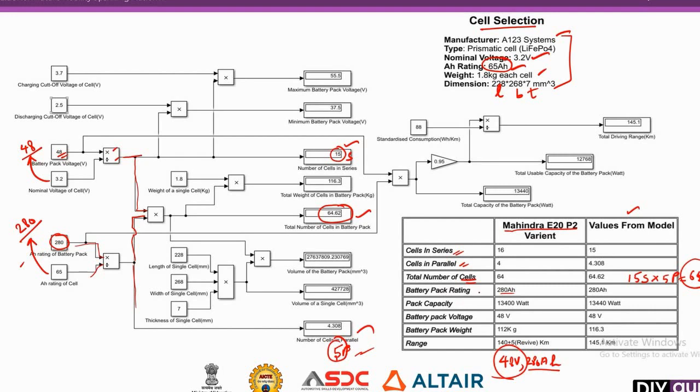Then comes the battery pack rating. The battery pack rating is the current capacity, that is 280 ampere hour.